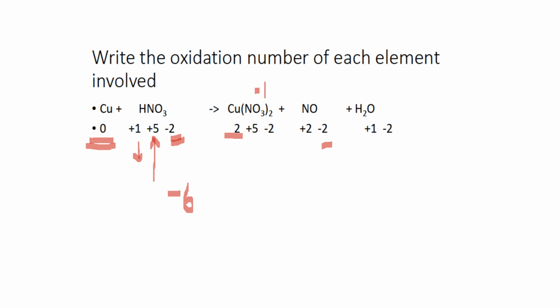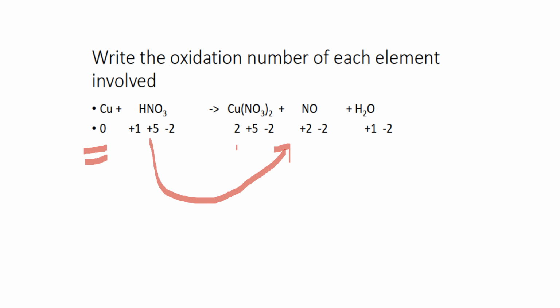And of course, we have the third product, water, where hydrogen is in +1 and oxygen is -2. So looking at these oxidation states, we can clearly see that the change in oxidation state is copper from 0 to +2 and nitrogen from +5. Nitrogen in nitric acid is +5 and in nitric oxide it is +2.